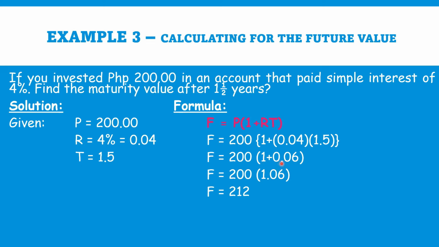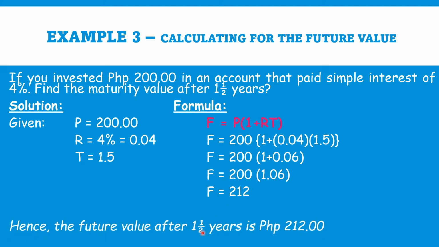Then 1 plus 0.06 will give us 1.06. So 200 times 1.06 is 212. Hence, the future value after 1.5 years is 212 pesos.